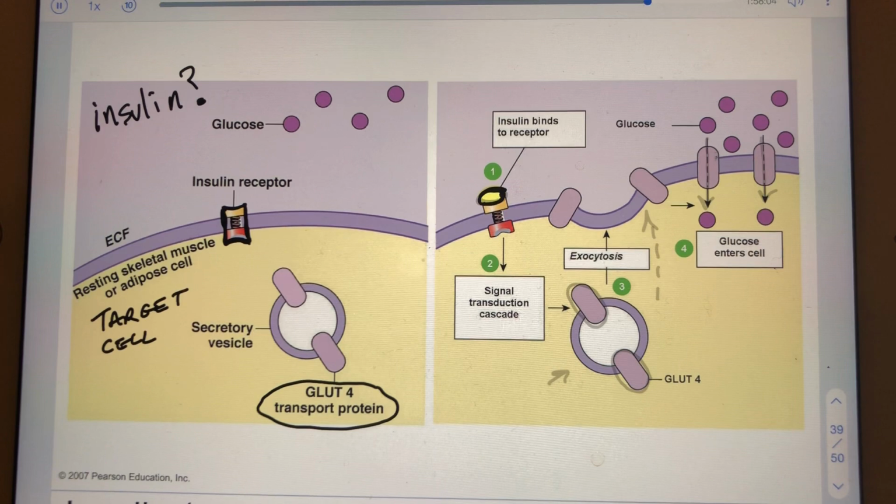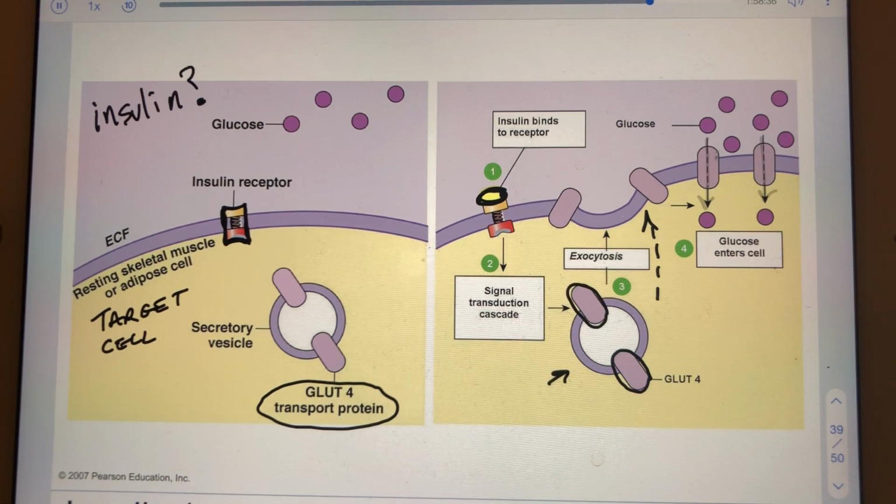That binding, via, obviously, a G protein-related cascade, tells our GLUT4 vesicle to start moving toward the plasma membrane. The vesicle fuses with the plasma membrane and therefore installs into the plasma membrane our GLUT4 transport proteins.